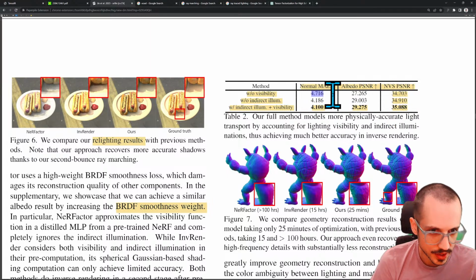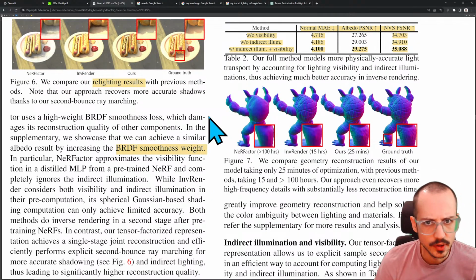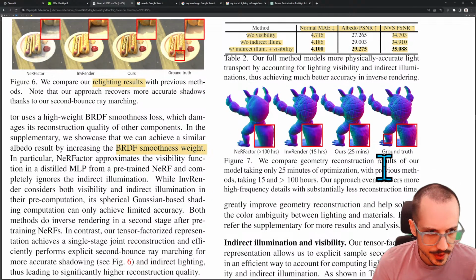And it seems like the one that has the more effect is the indirect illumination. We compare geometry reconstruction results of our model taking only 25 minutes. So this is where instead of rendering for the full 5 hours, they render for 25 minutes, and you can see how the quality does improve.